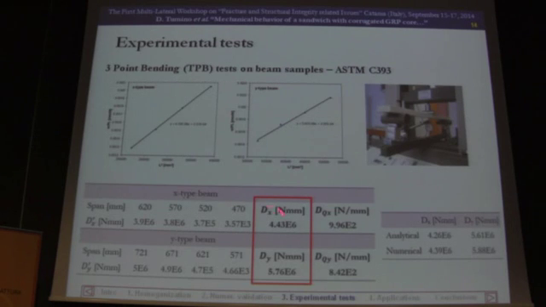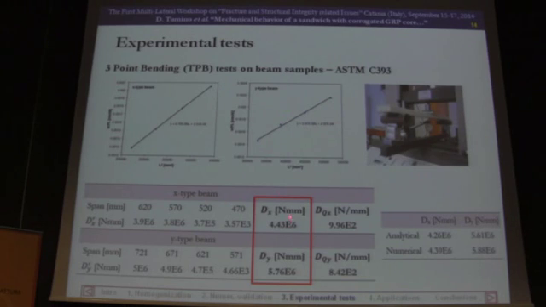at the end to obtain these values for Dx and Dy, and we could compare them with the analytical model and also with the numerical model done with the complete unit cell. You can see that the comparison gives very good agreement.